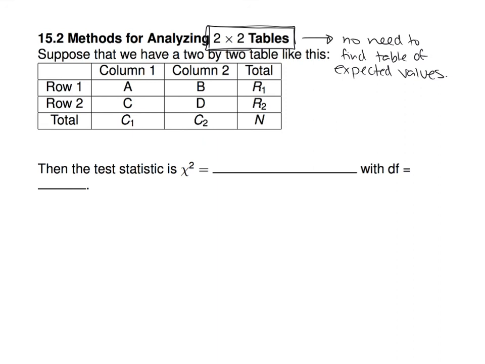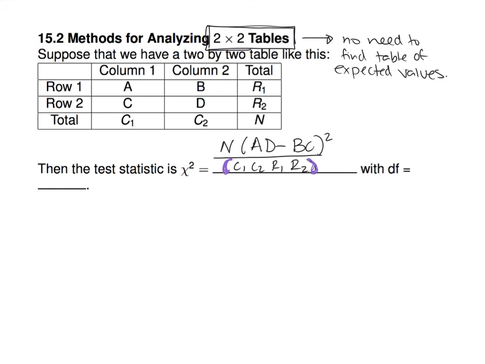And so here's the shortcut. The chi-squared statistic is given by n, which is your total, times (AD minus BC) squared over the product of C1, C2, R1, R2. And I wrote parentheses where I did on purpose. You really do need to have parentheses here and here.